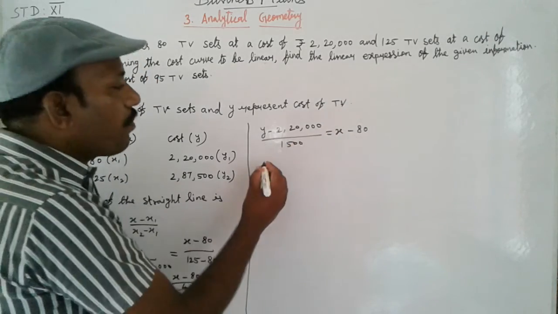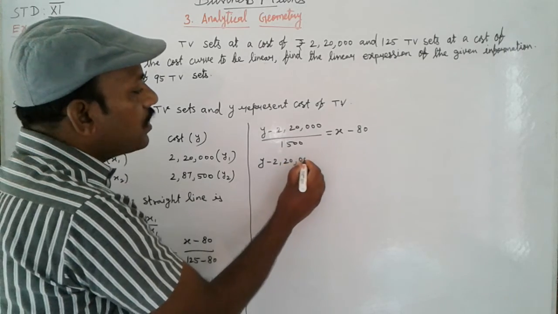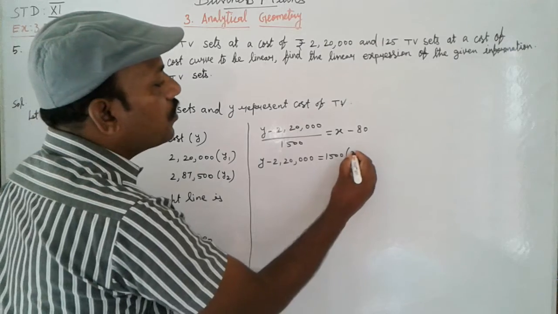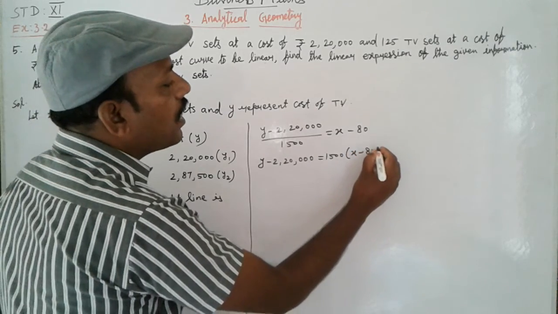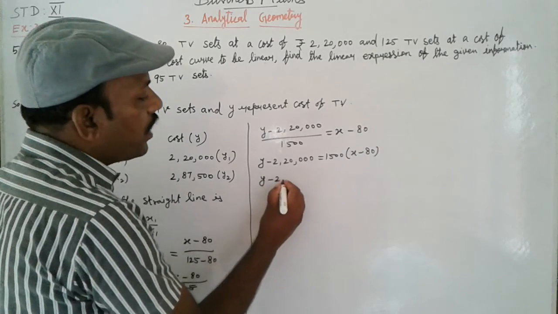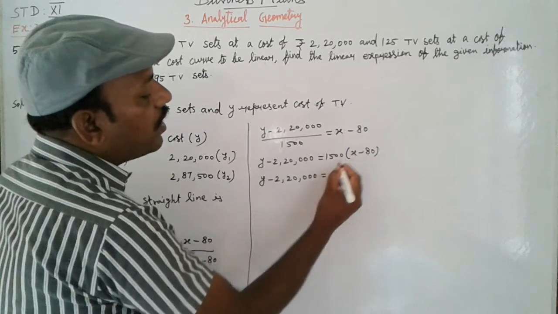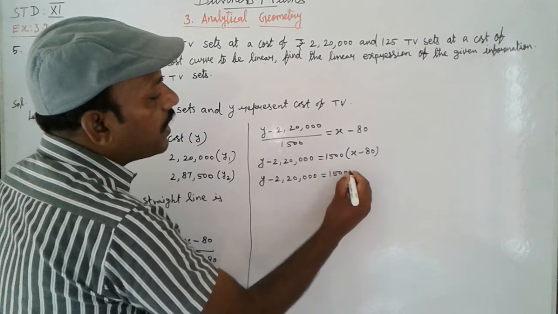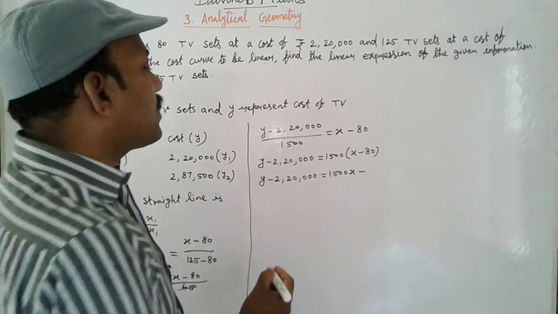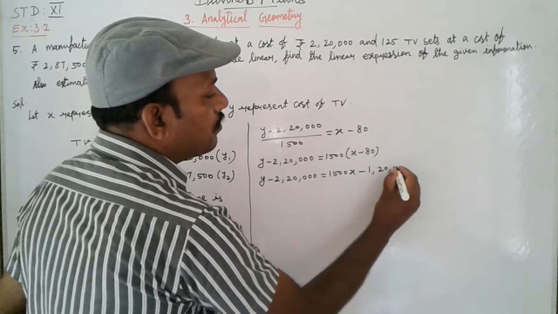Now cross multiply: y minus 2,20,000 equals 1,500 into (x minus 80). Y minus 2,20,000 equals, on multiplying, 1,500x minus 1,500 into 80, which is 1,20,000.